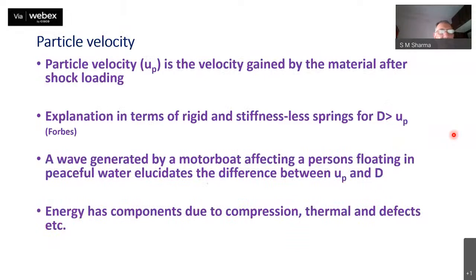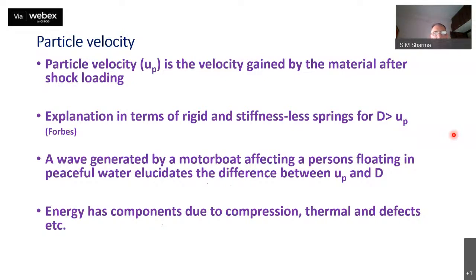A word about what exactly a particle velocity is. It's a concept which is very specific to shock waves, because if you view sound waves, as they travel into a material, they don't move the material. They are oscillations in the local region, so the velocity of the mass is almost vanishingly small.